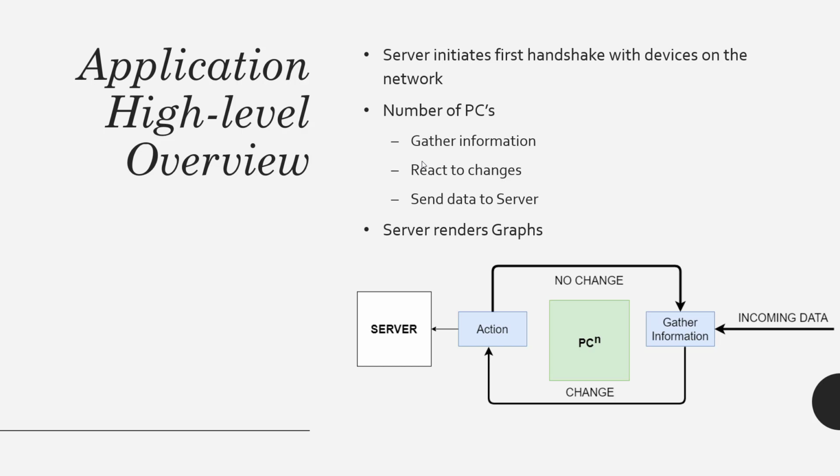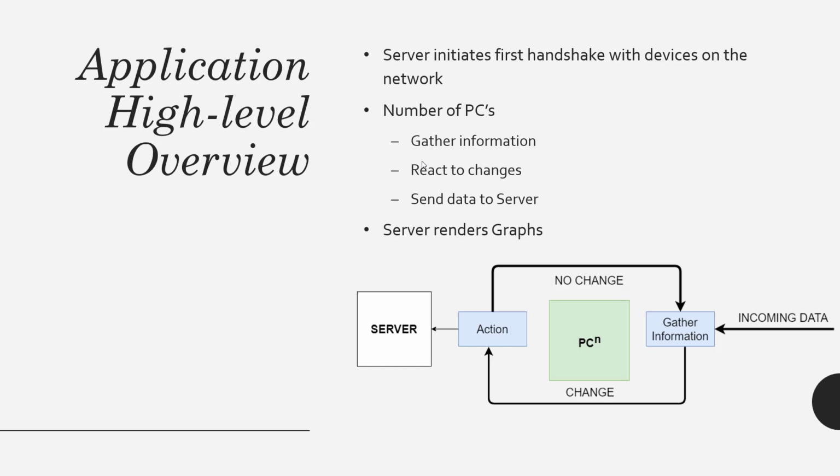So this is the high-level overview of the actual application and the entire system that's built. The server will be establishing a connection with all the PCs on the network running the client-side application, which continues gathering information around its own system, listening for incoming new data that might change any of that, or trigger new services to be running on the system.